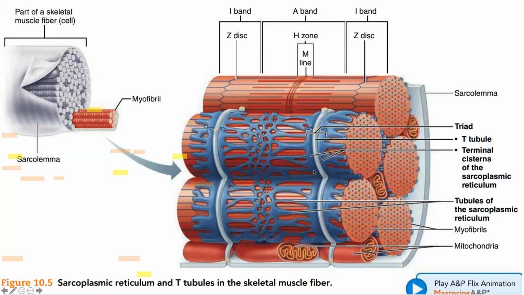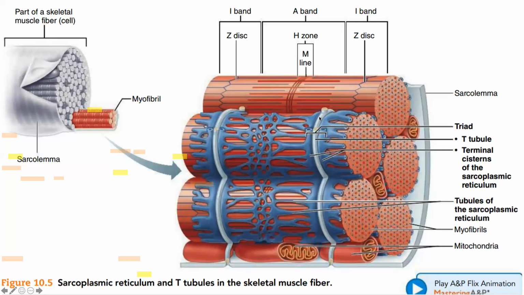The sarcoplasmic reticulum and the terminal systems are all similar structures, and they all contain calcium. So this is one terminal system from one side, and now we can see another terminal system from the other side.